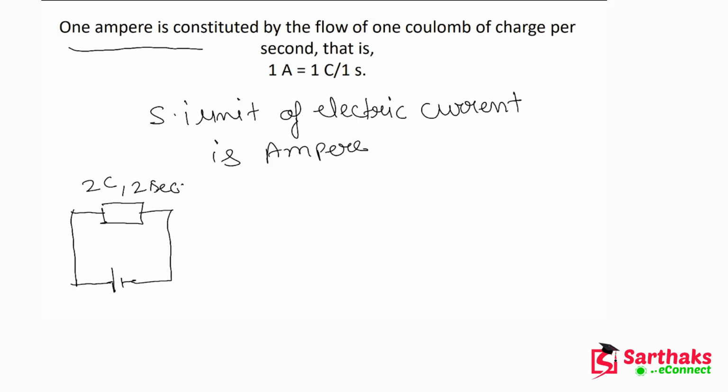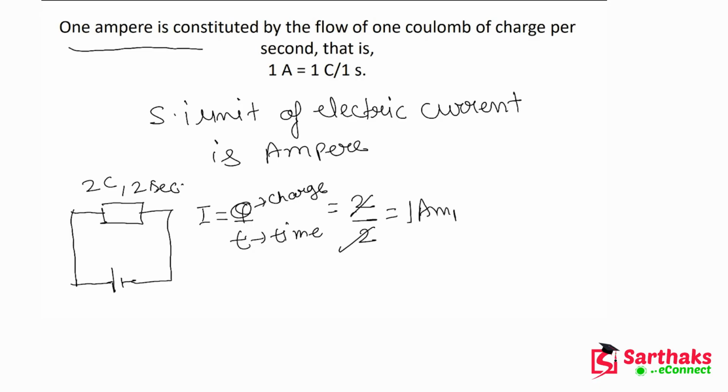Now, if I ask you what is the current in this case, how would you figure it out? It is very simple. You will simply apply this formula, Q by T. Q is charge, T is time. 2 coulomb of charge is flowing in 2 seconds, so simply 1.